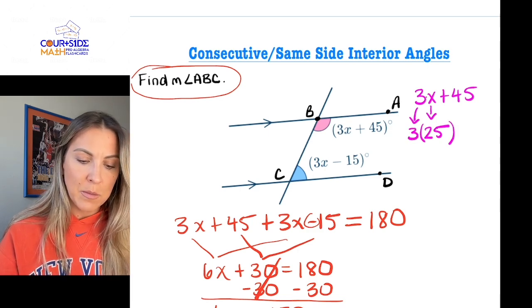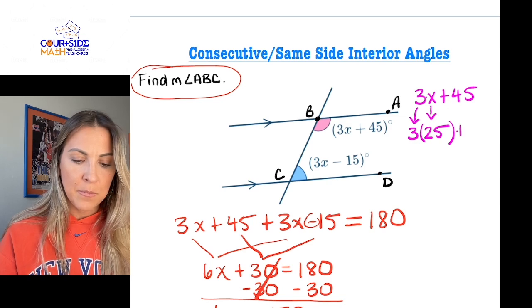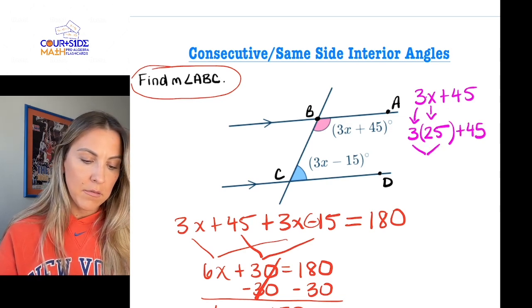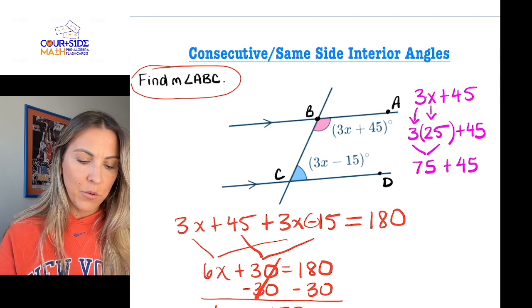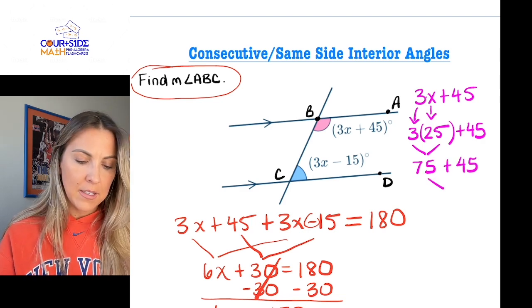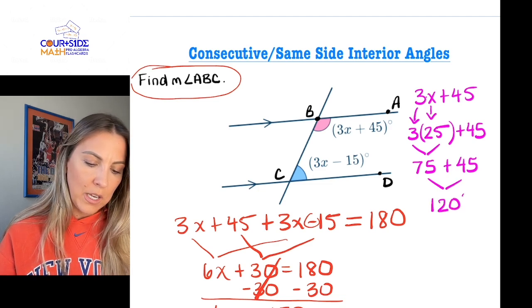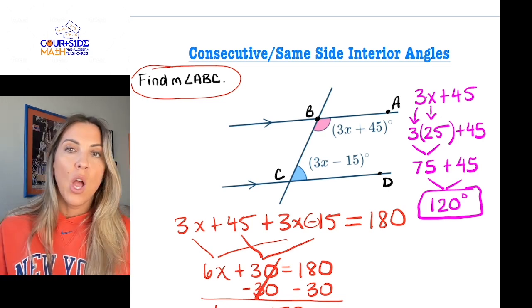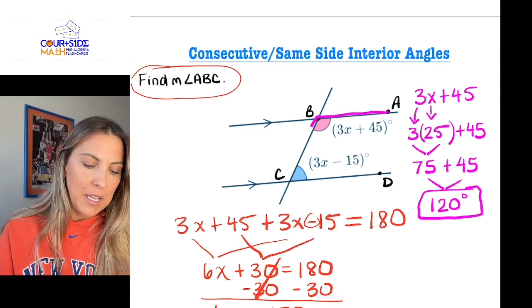I know that this was multiplication, so I'm going to write that in parentheses and bring down that plus 45. Now I have 3 times 25, which equals 75 plus 45, and I'm going to add 75 plus 45 to get me 120 degrees.